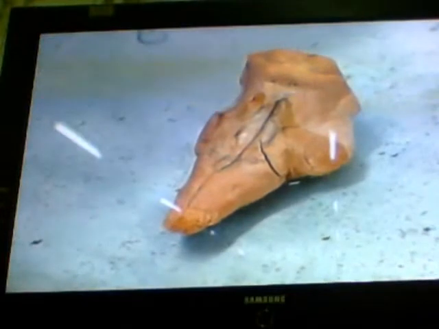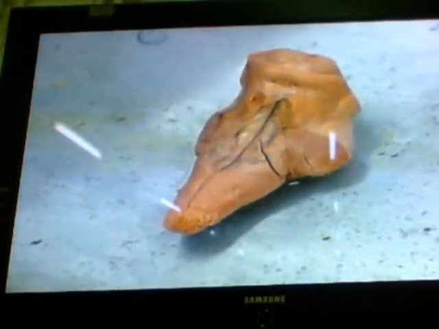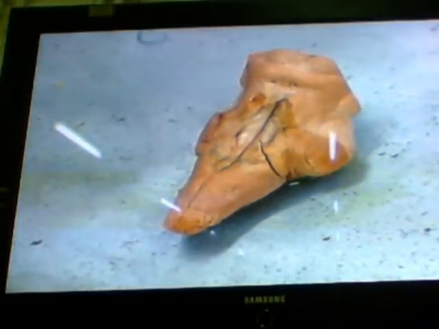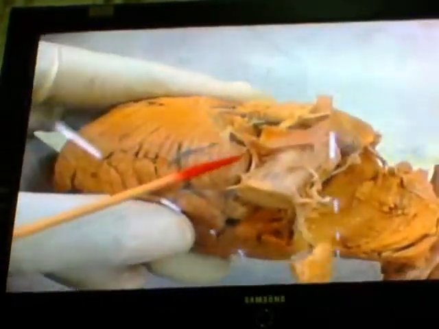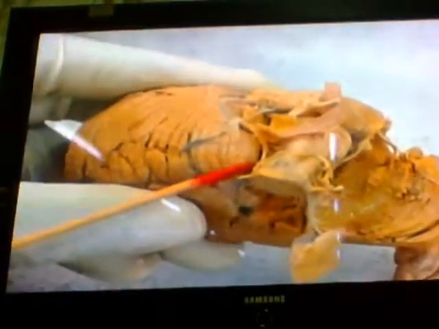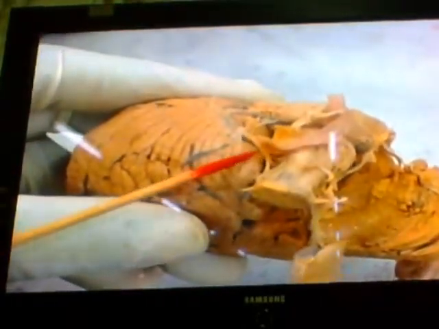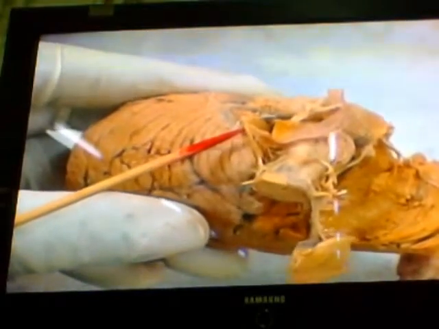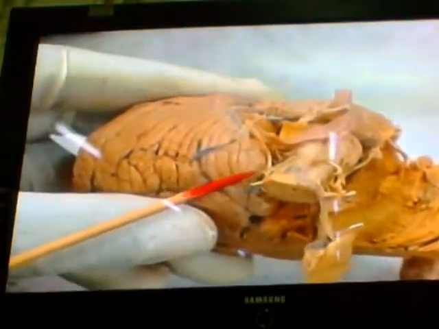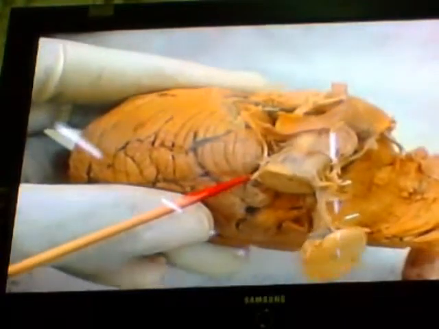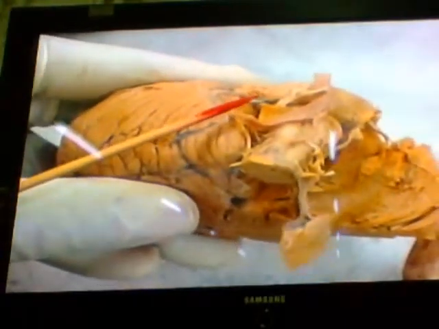What I showed you here is this piece, which you know is a long nerve. So what happens is that it has a cervical component and it has a cranial component.